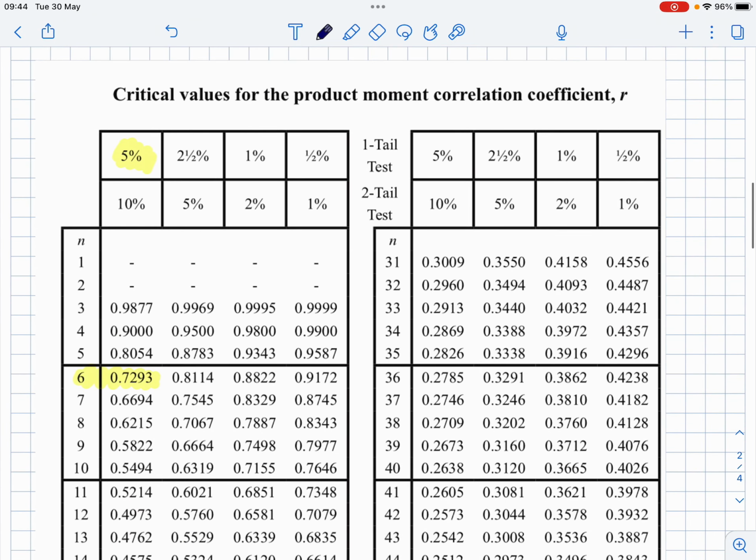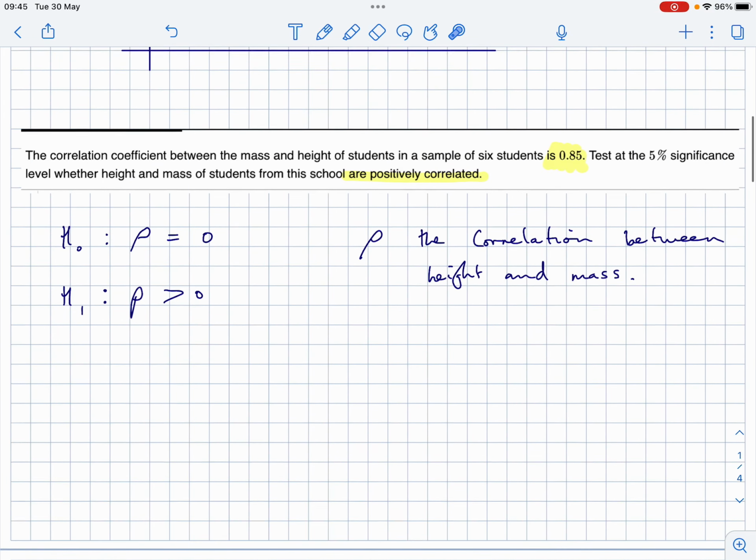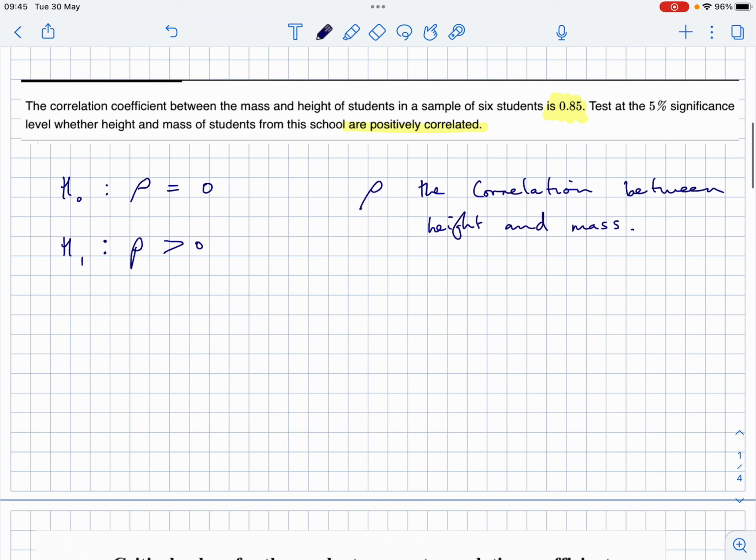So we are going to simply look at the value in the table and compare it with 0.85. We wanted to do a 5% hypothesis test. It's one tail. And then this is the number of pieces of scatter that we picked. We're literally just going to read that value off, and you'll be given that in the exam.